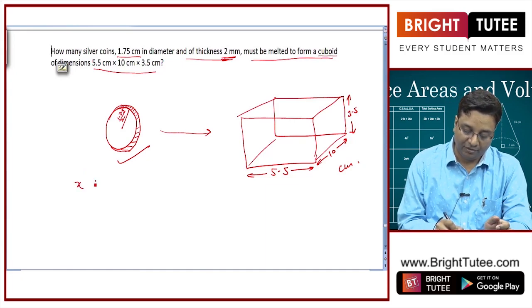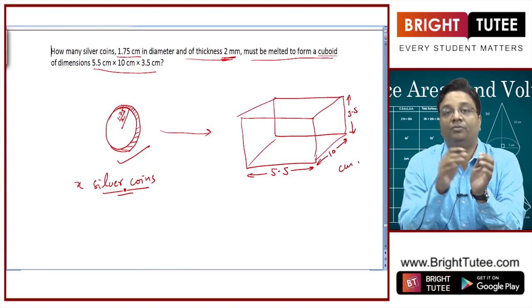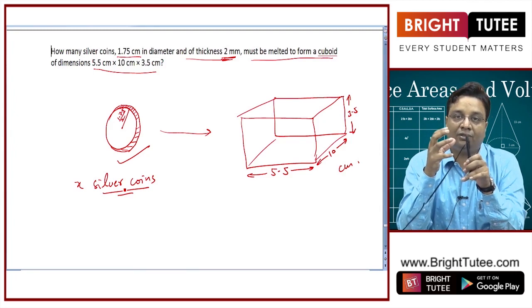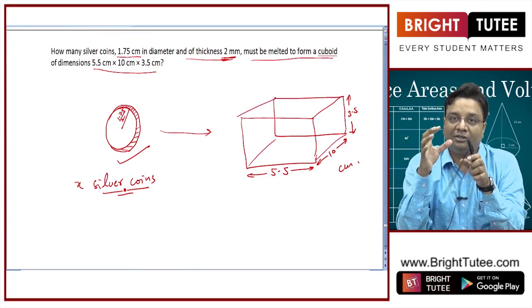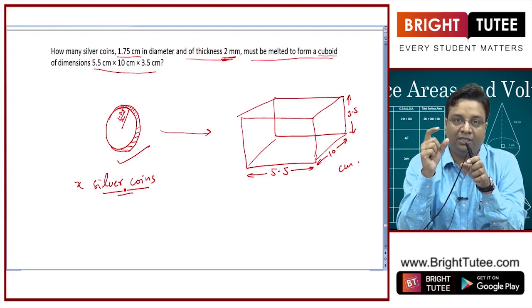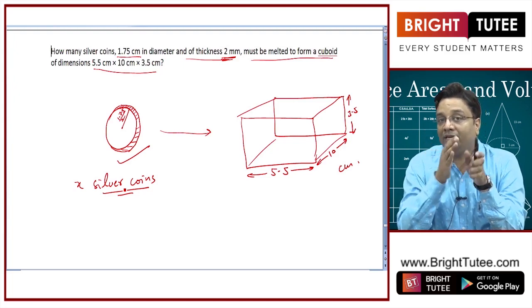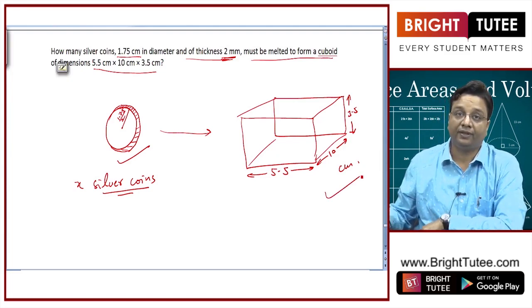Let us say x silver coins are to be melted. If we melt x silver coins to make this cuboid, the volume of these x silver coins will be equal to the volume of this cuboid. So I just need to find the volume of one silver coin and multiply it with x, and then equate this with the volume of the cuboid, right?